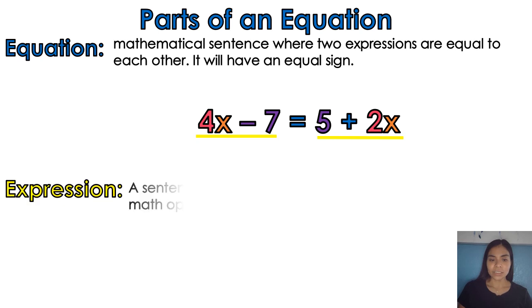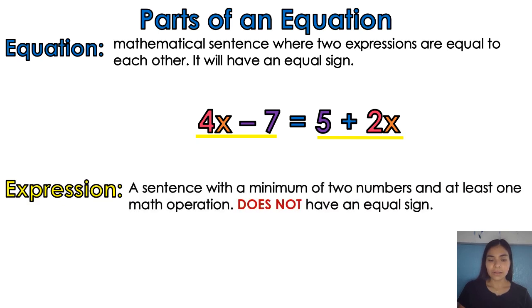Well, an expression is also a mathematical sentence with a minimum of at least two numbers and at least one math operation. And math operation meaning addition or subtraction, multiplication, division. Those are the four math operations. The difference between an expression and an equation is that an expression does not have an equal sign.